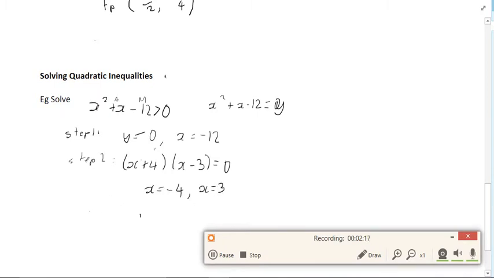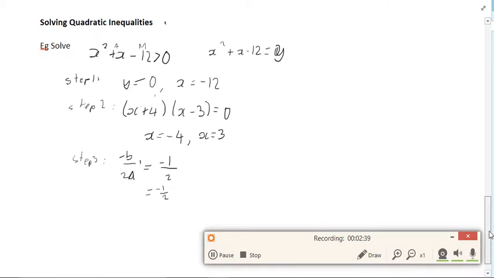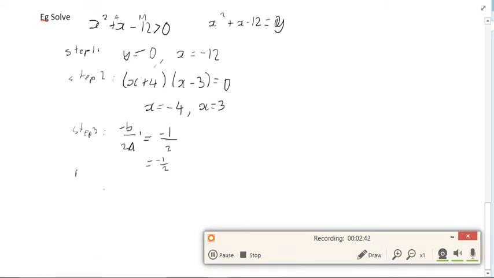To find the turning point, that's just -b over 2a, which is equal to -1 over 2, so x is equal to -1/2. When x is equal to -1/2, y would be equal to (-1/2) squared plus -1/2 minus 12.